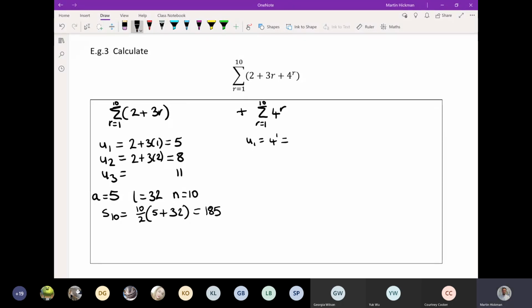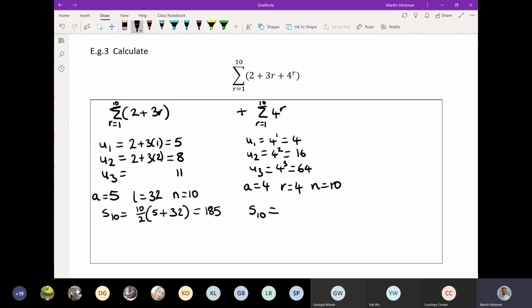So we just do 4 to the power of 1, which is 4. The second term, 4 to the power of 2, which is 16. Third term, 4 to the power of 3, which is 64. So you're multiplying by 4 each time to get to the next term. So there's a common ratio of 4. So the first term is also 4, and n is going to be 10.